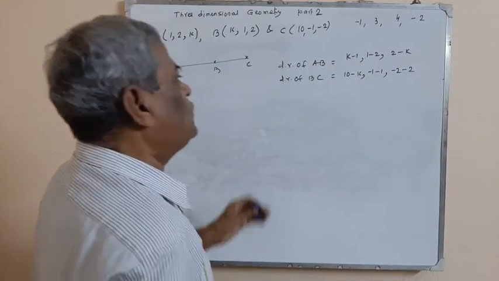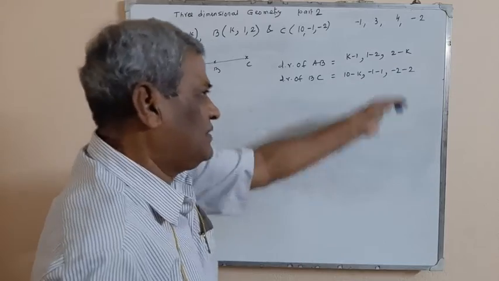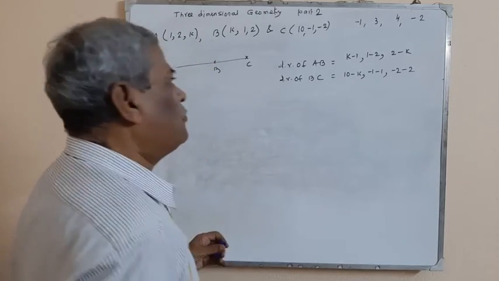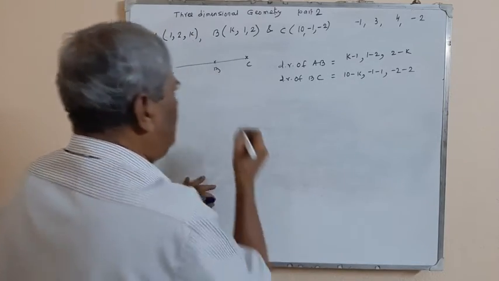The direction ratios of AB and BC are given by that. Therefore, their ratios must be the same.